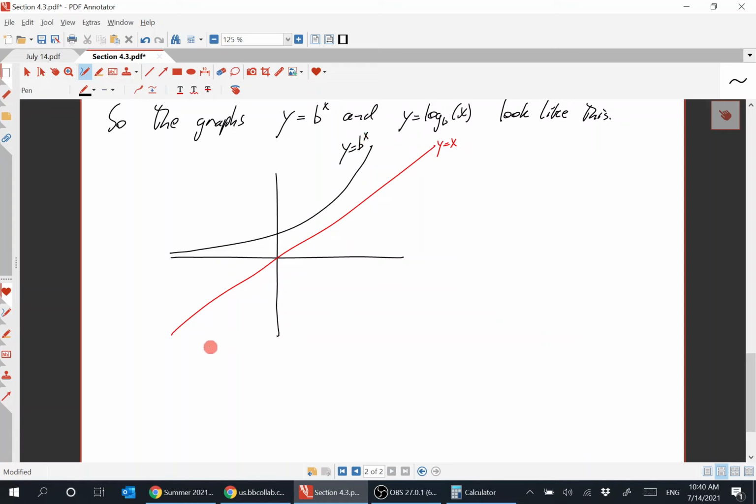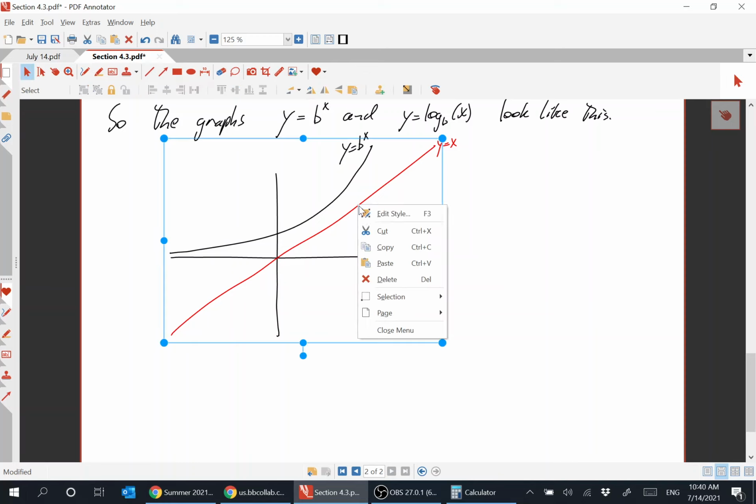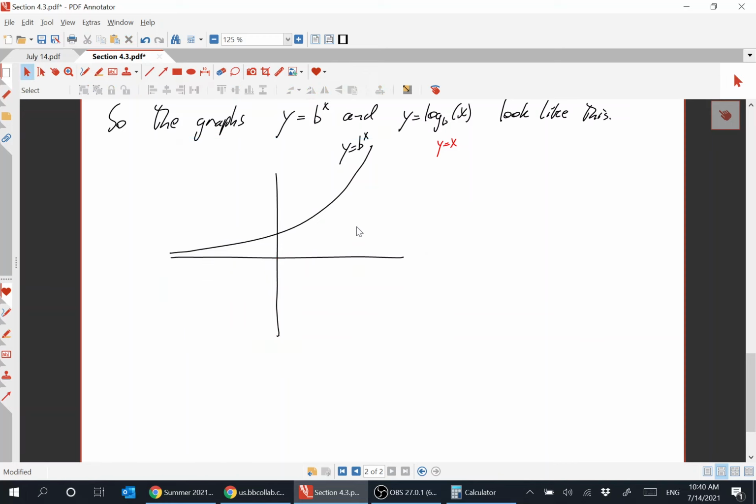The graph of an inverse function is obtained by reflecting the graph of the function around the line y equals x.